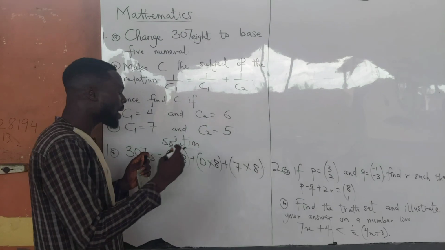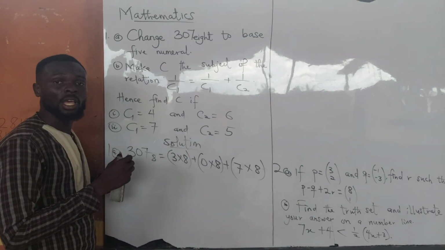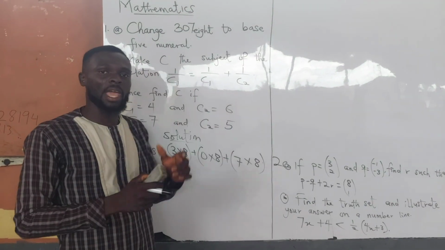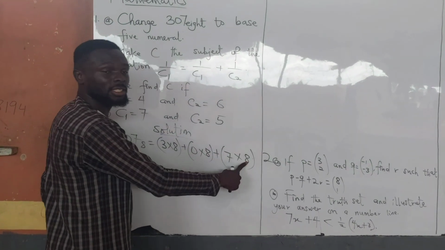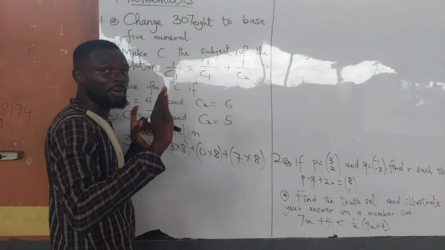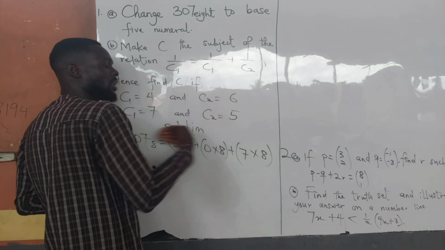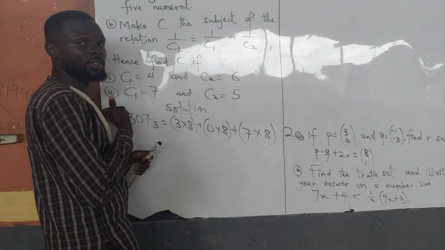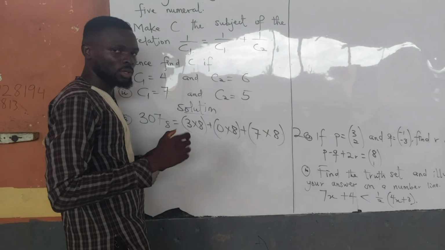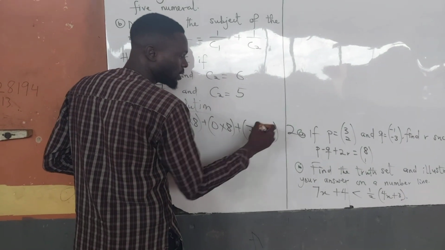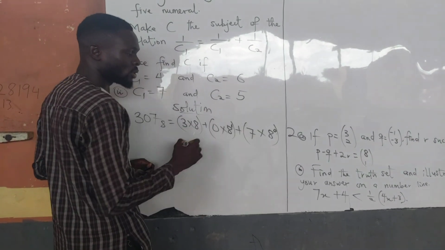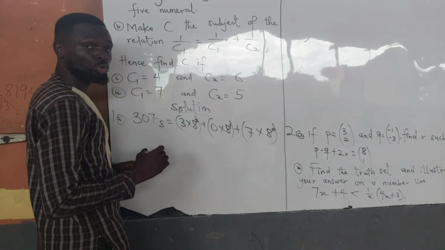Now, after multiplying each digit by the base, we are going to power the base. We are only powering the base. We power the base from right to left, starting from 0. So this is powered to 0, this to 1, and this to 2.